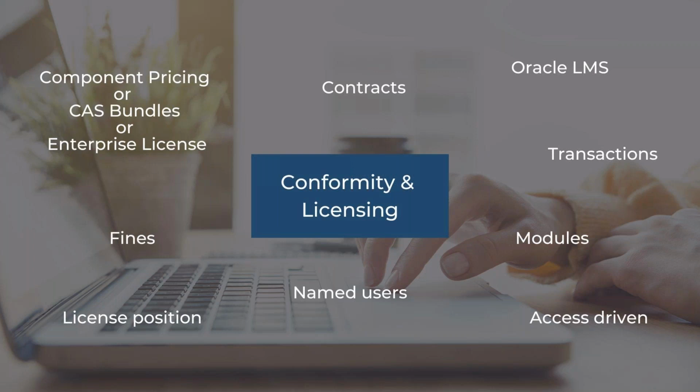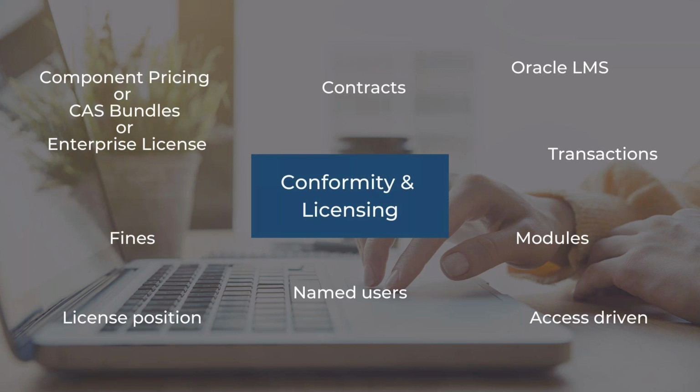And then Oracle LMS comes in. Oracle LMS is a kind of the internal auditor of Oracle, and they are entitled to go into your system and to have a look at what modules you are using.